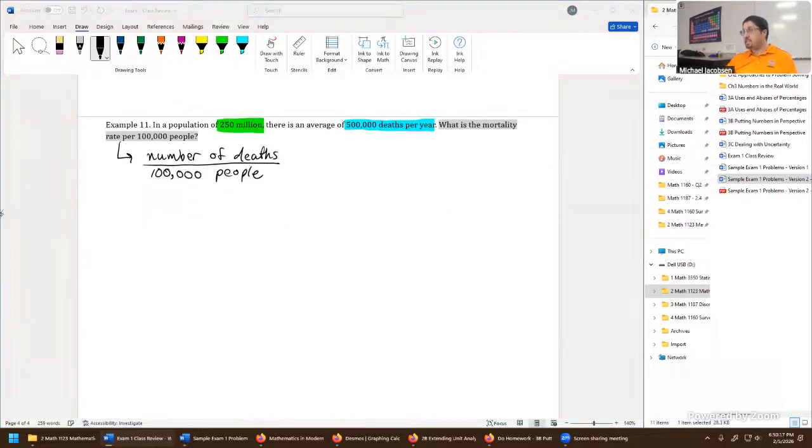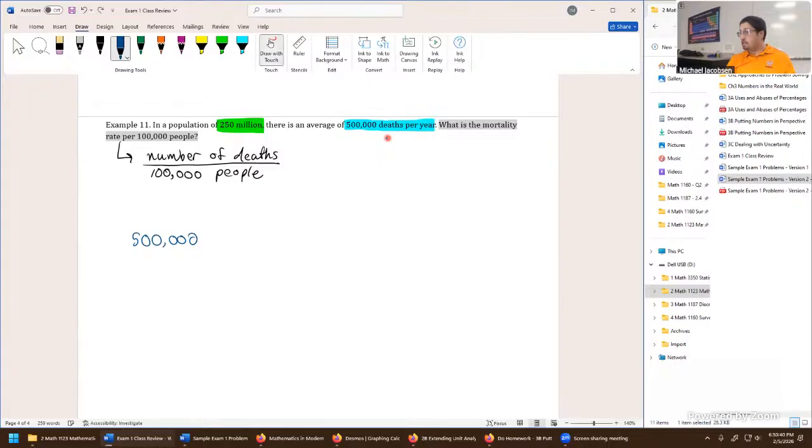So this gives us a nice kind of yardstick so we can measure the quantity from one country to the next. To get to this kind of expression, we're just filling in the number in the numerator. And we have to start with the provided information. So wherever this country is, we have 500,000 deaths per year.